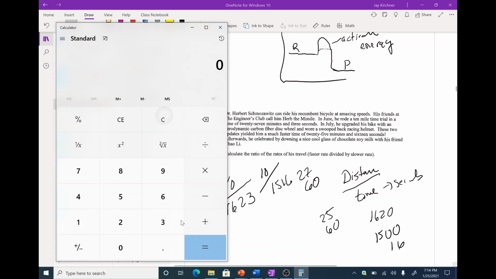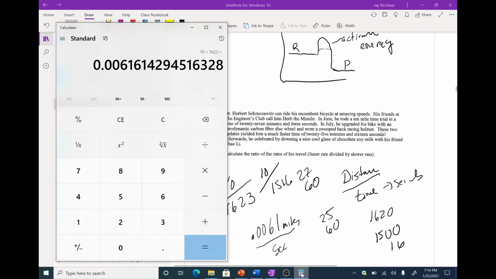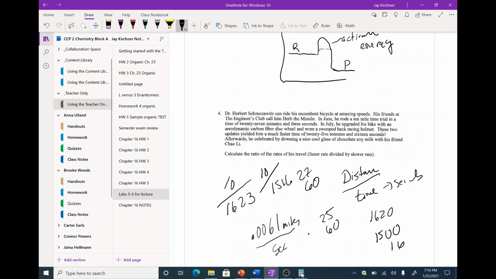10 divided by 1623. Yuck. 0.0061 miles per second versus, let's do the other one, 10 divided by 1516, is 0.0065 per second.